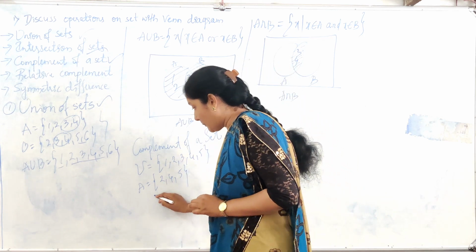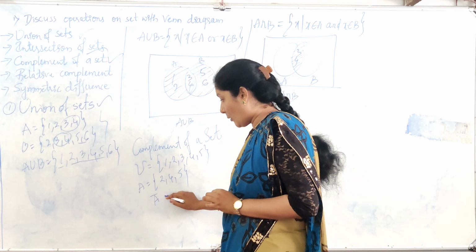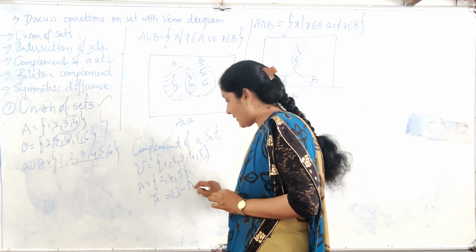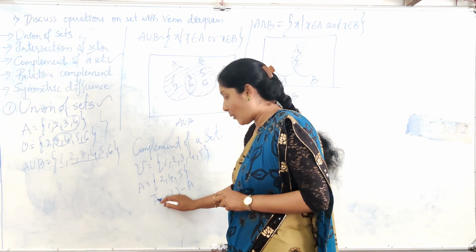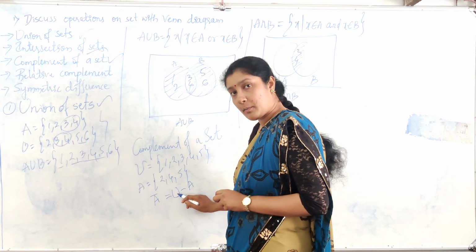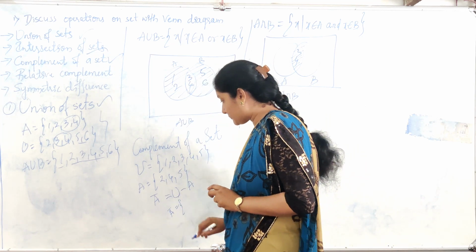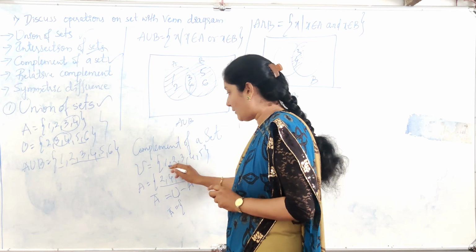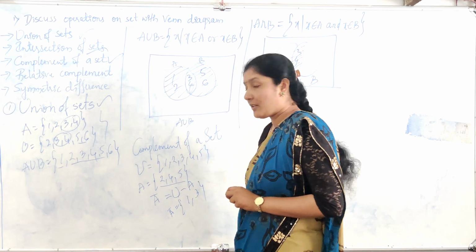Then the complement will be written as A complement is equal to universal set minus A. So that means what? A complement means the elements present in universal set but not in A. So which are those elements? 2, 4, 5 we have to leave. Remaining 1, 3. Okay, only 1, 3.